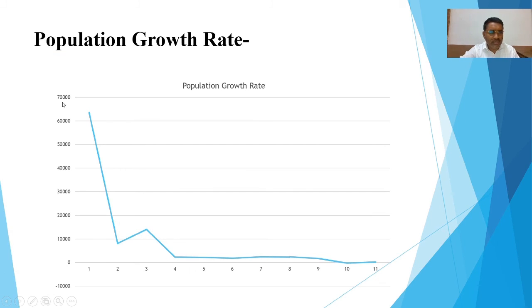So I put the variable values on the y-axis, and I put the constant values on the x-axis. The x-axis means whatever the years are. So 10 years: 1, 2, 3, 4, 5, 6, 7, 8, 9 and 10. I put the years on the x-axis, and on the y-axis there is the percentage.